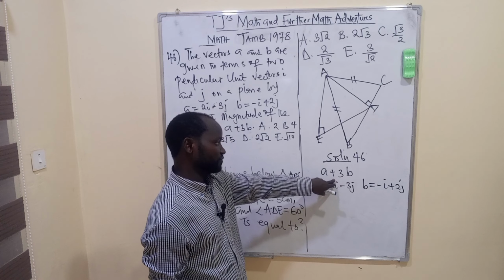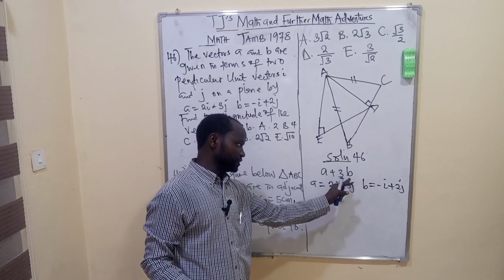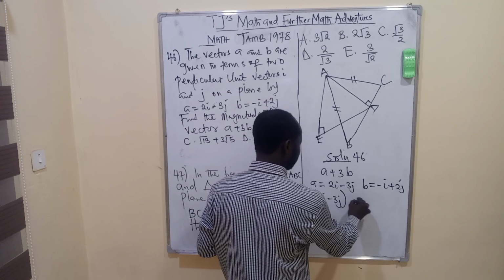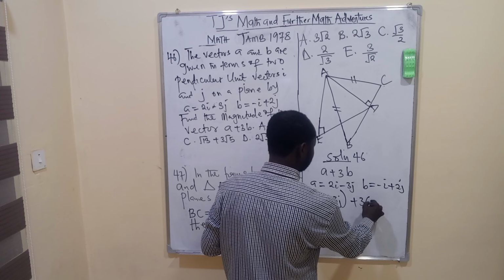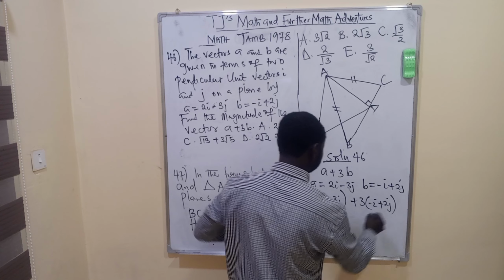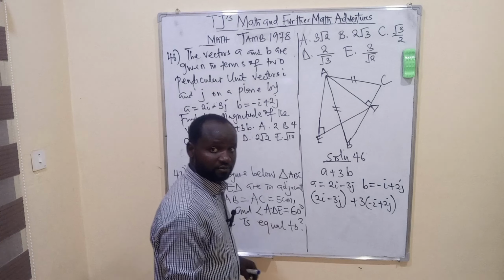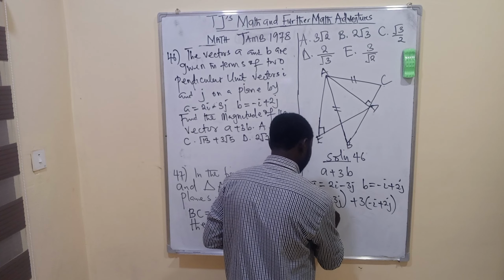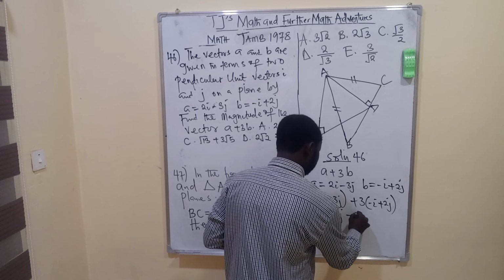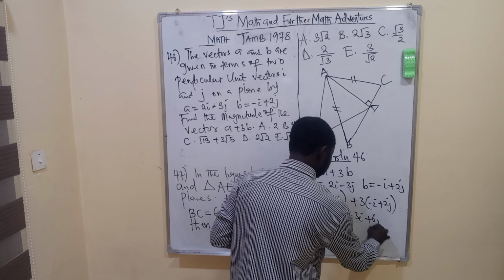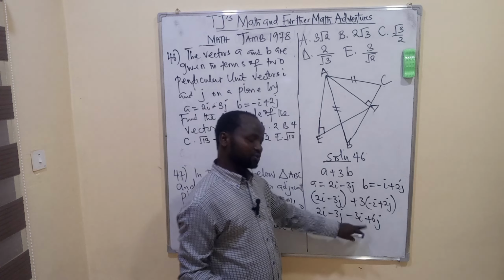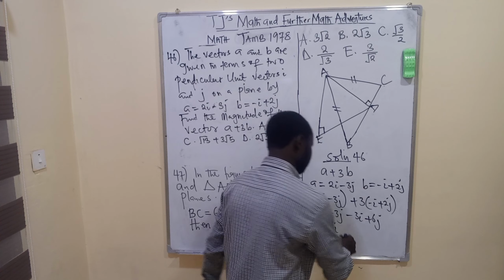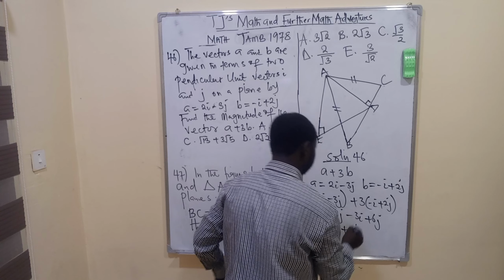So for us to find the magnitude of this vector, we have to substitute vectors A and B into it. This will be 2I minus 3J plus 3 into minus I plus 2J. Let's remove the bracket and add I to I, J to J. So this will be 2I minus 3J minus 3I plus 6J. 2I minus 3I is minus I, and minus 3J plus 6J is plus 3J.